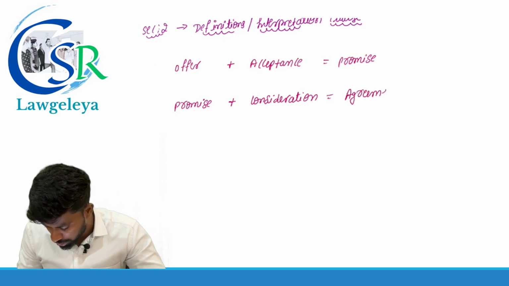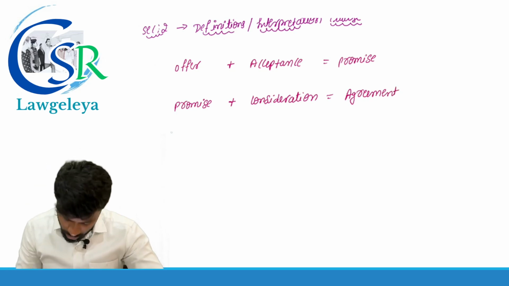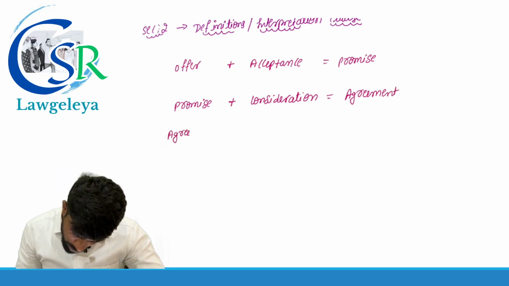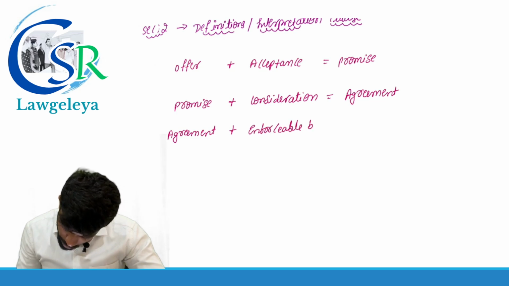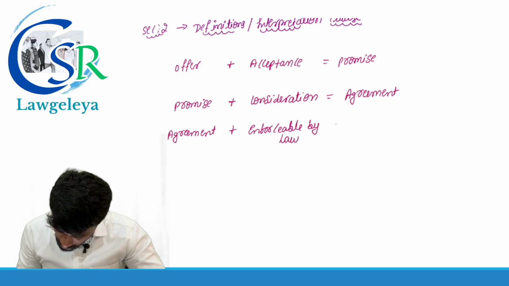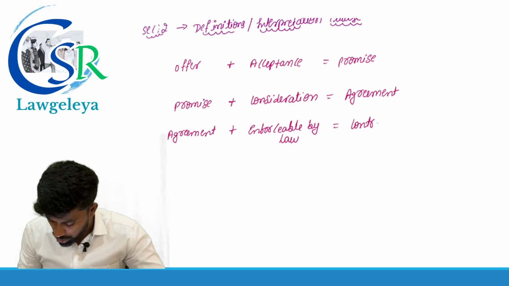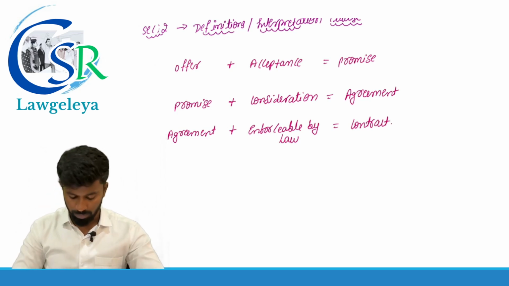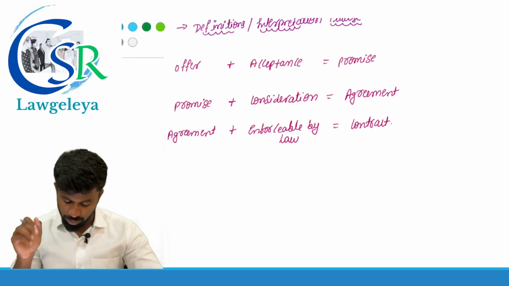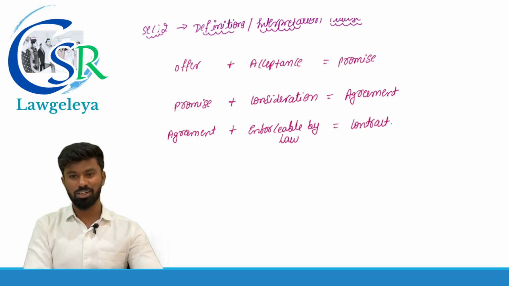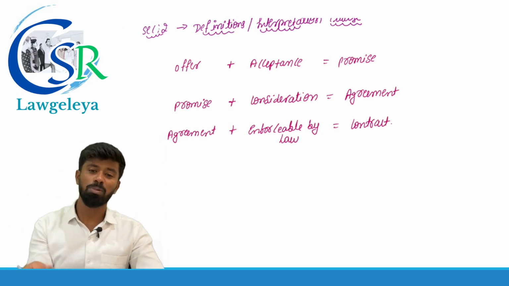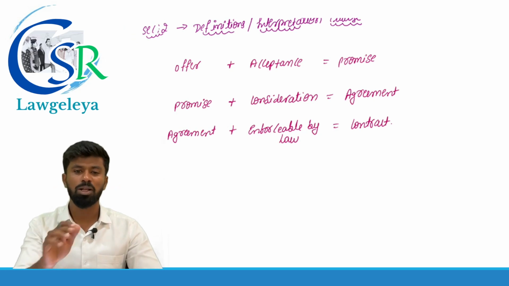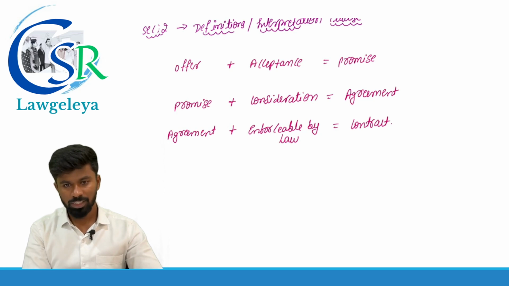Becomes an agreement. Then agreement plus enforceable by law. If the agreement is enforceable by law, it becomes what? Becomes a contract. This is how contracts are made. What is the first step? Offer. Offer plus acceptance becomes what? Promise. Promise plus consideration becomes what? Agreement. Agreement plus enforceable by law becomes what? Becomes the contract.